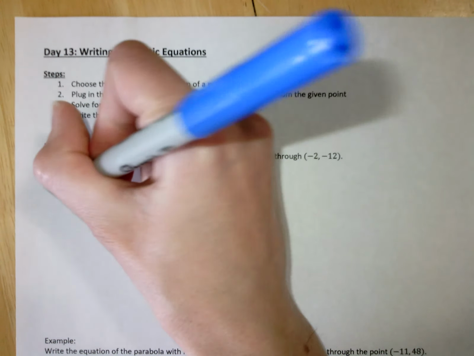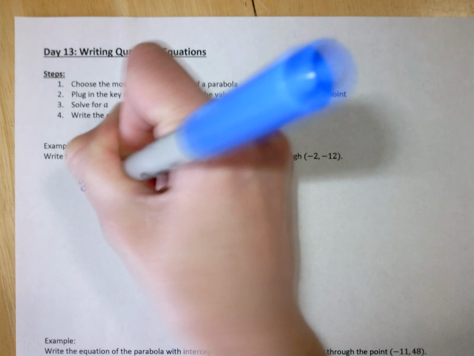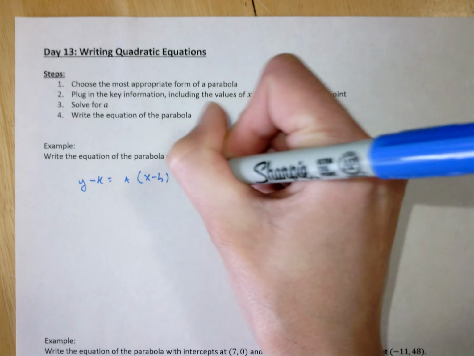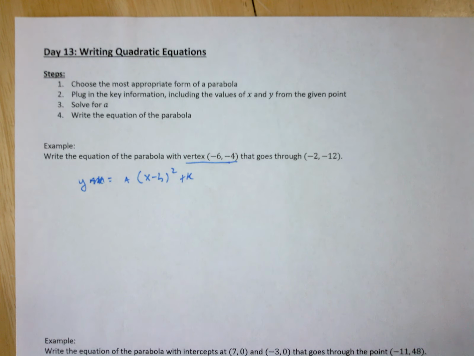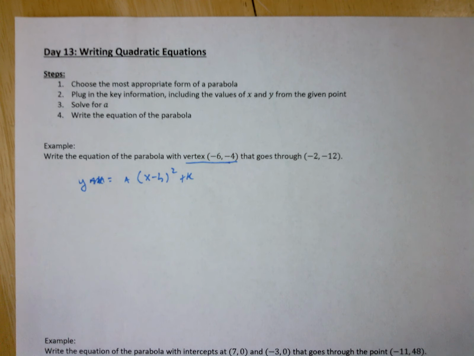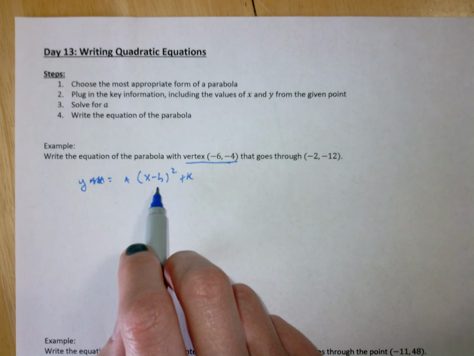So reminder, vertex form is y minus k equals a times (x minus h) squared. Oops, I'm sorry, nope. The plus k comes over here. There we go. That was transformation form. Okay, so y equals a times (x minus h) squared plus k. We're not worrying about any kind of horizontal transformations here.